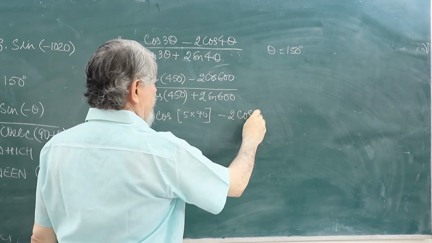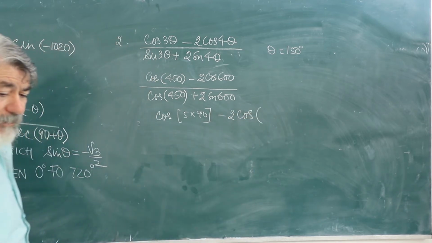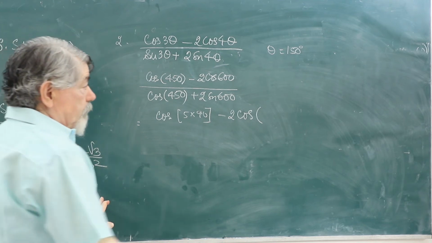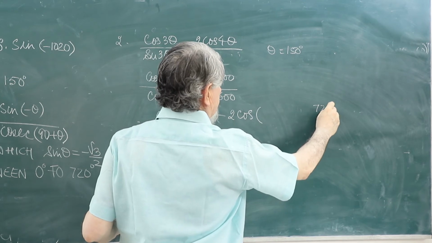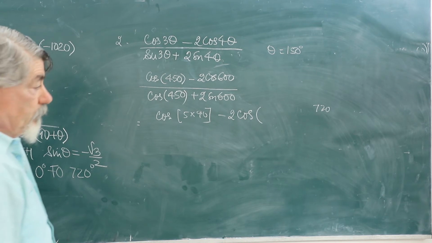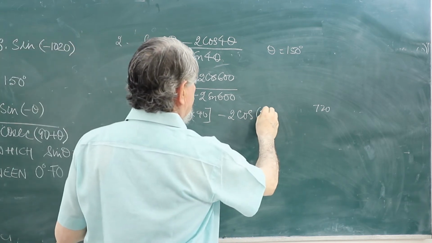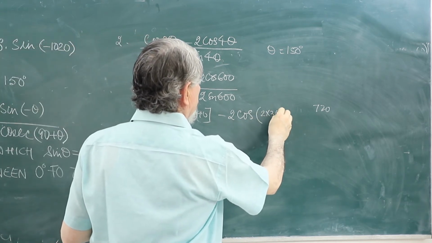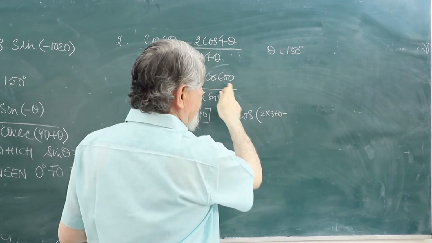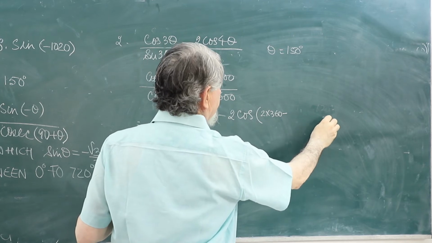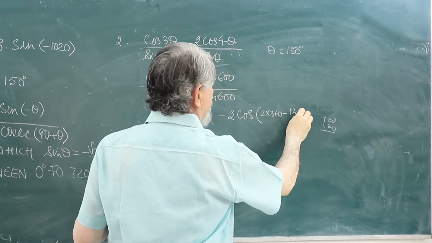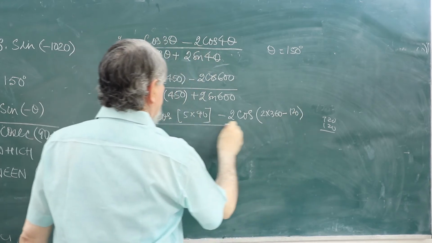Cos 600 can be written as what? 720 minus 120. 2 into 360, 720, and I have to get 600. So what should I subtract from 720 to get 600? I should subtract this much, 120.